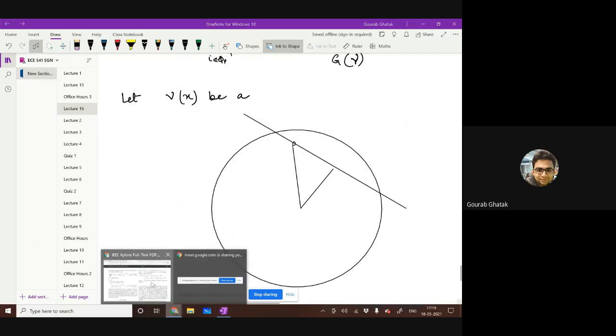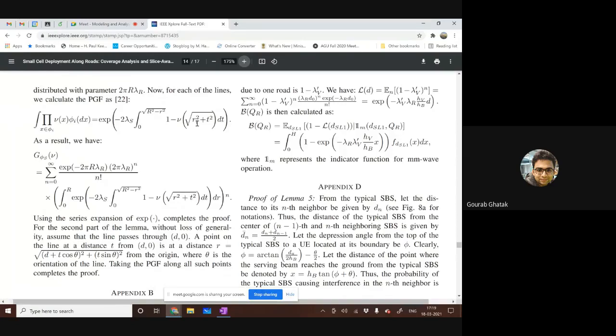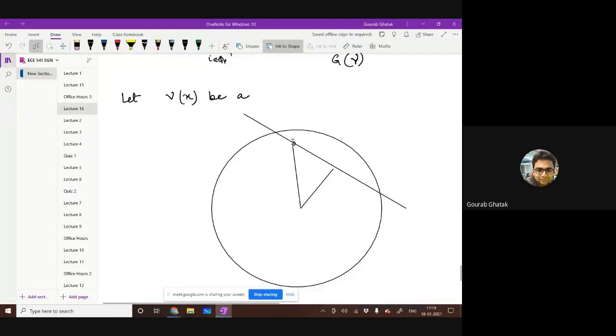So this brings us to this kind of evaluation. Remember that such points, these circular points, are a Poisson point process on this line segment, and they are fairly symmetric. They are symmetric in the sense that from the foot of the perpendicular, if there is a point at a distance of t in this direction, it has the same value as a point at a distance of t in the other direction.